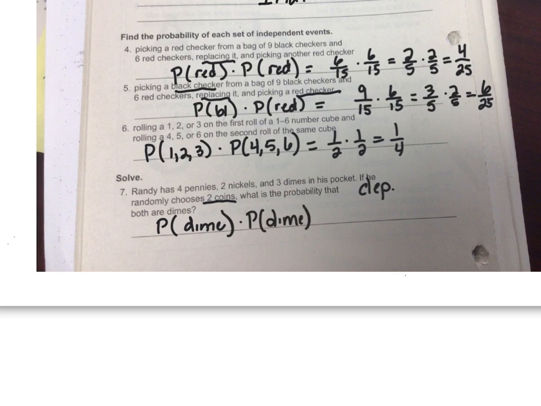So how many are dimes? 3 out of 9 times, well, if he gets a dime, the next one, it would be 2 out of 8. I'm going to reduce this to 1/3 times 1/4, which would equal 1 out of 12. Okay? Makes sense?